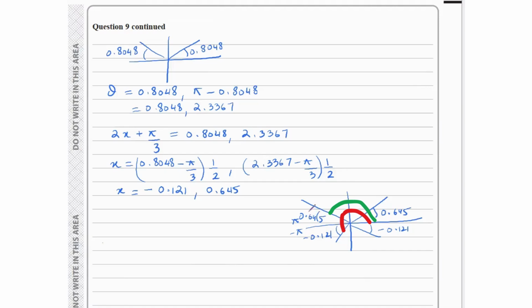This will give us two more values, so in total 4 values for x. Negative 0.121 plus pi gives us 3.02, and 0.645 minus pi is negative 2.50. So x is going to be negative 0.121, 0.645, 3.02, and negative 2.50. These are your values of x.